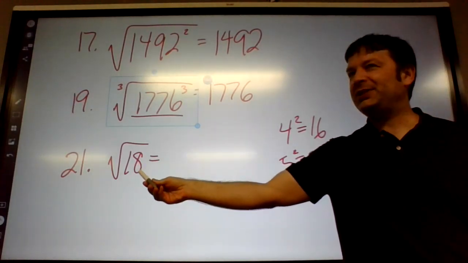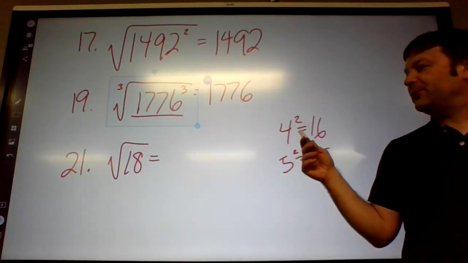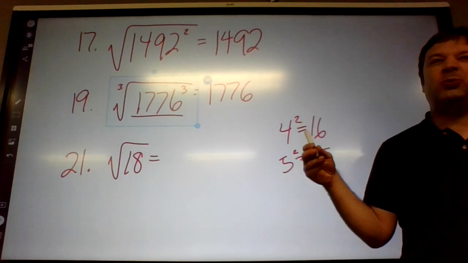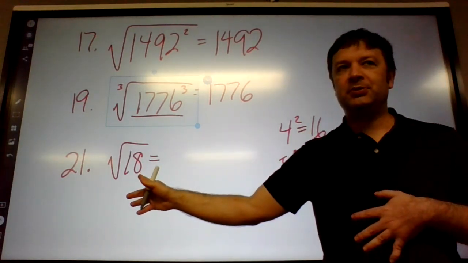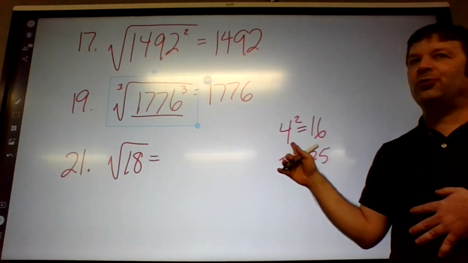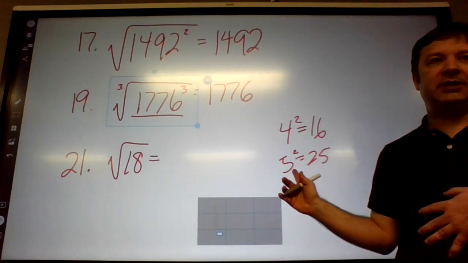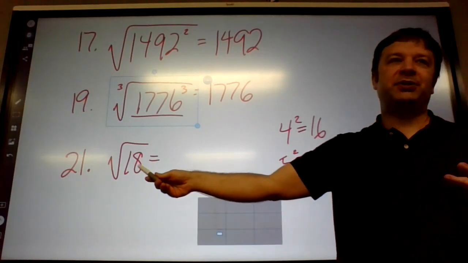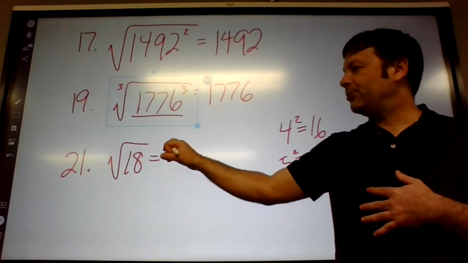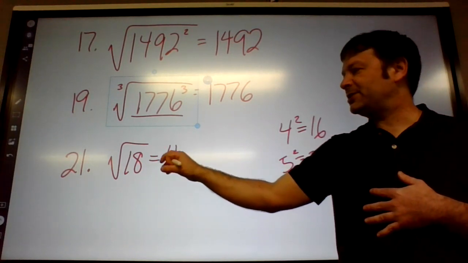So this is going to be just a little bit bigger than 4. So what they want us to do is just estimate. What's this going to be close to? It's closer to 4 than it is to 5. Does that make sense? It's probably like 4.2, I would guess. But we're not going to write that. We're just going to put it's about 4.